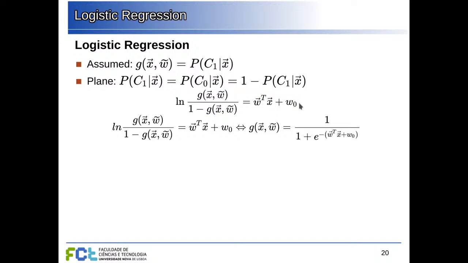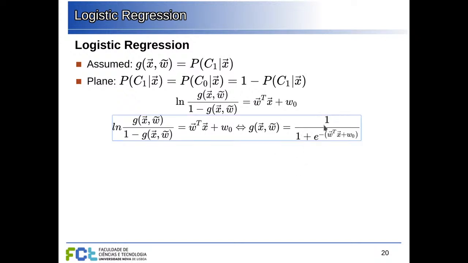These are the parameters of the discriminant we're trying to find. Rearranging this equation, we reach what the function g must look like in order to get this result.